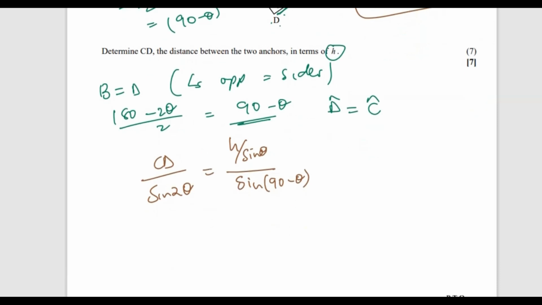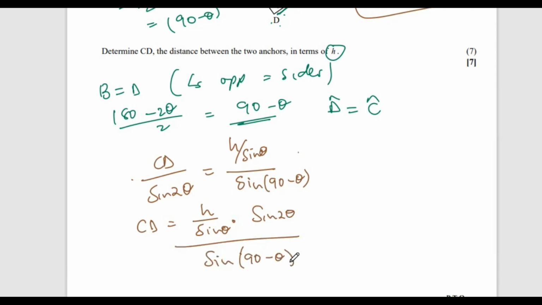Since I'm looking for CD, I can multiply both sides by sine 2 theta. So CD is going to be H over sine theta times sine 2 theta over the sine of 90 minus theta.